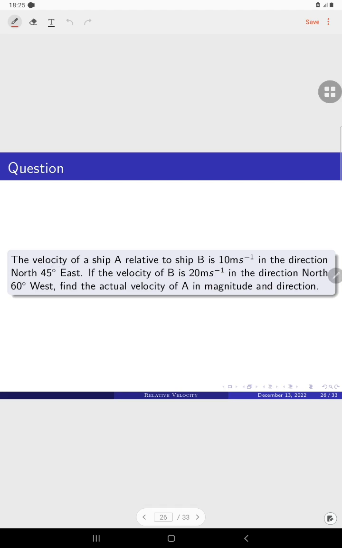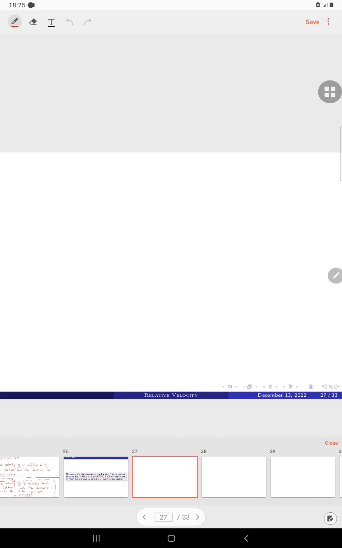We are given velocity of ship A relative to B. So what are we given? Let's draw it. This vector is what? So, solution.